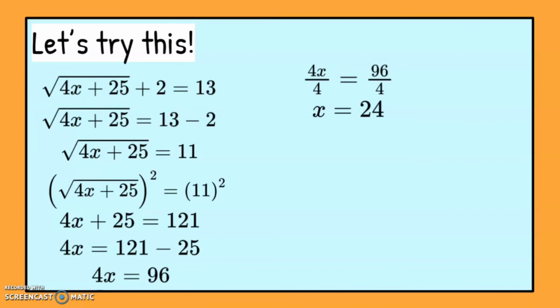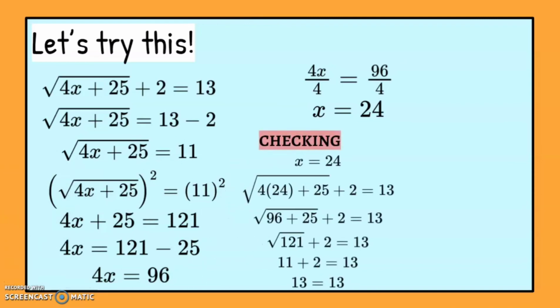To check if 24 is a solution to the given equation, we have to use the original equation, replace x with 24, and check if they will be equal. So we have square root of 4 times the value of x, which is 24, plus 25, plus 2 must be equal to 13.